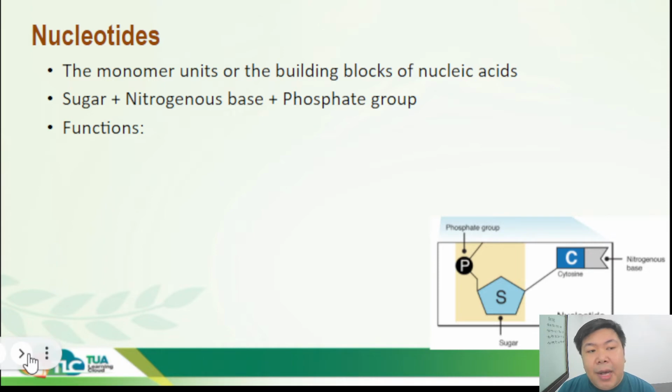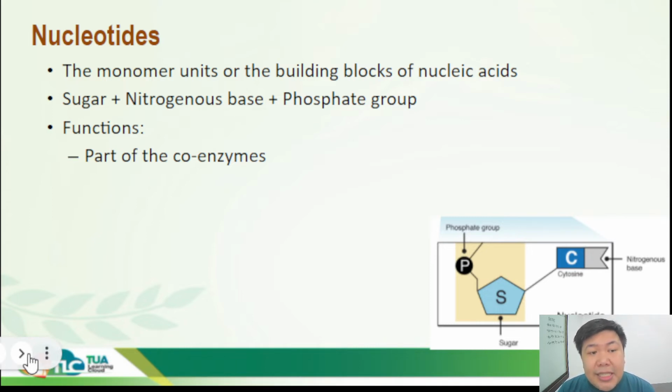These nucleotides, aside from functioning as the building blocks of both DNA and RNA, also have other functions inside the body. First, they function as coenzymes. We know that the job of enzymes is to break down certain substances. And sometimes these enzymes would require other substances in order for them to be able to break down what they need to break down.